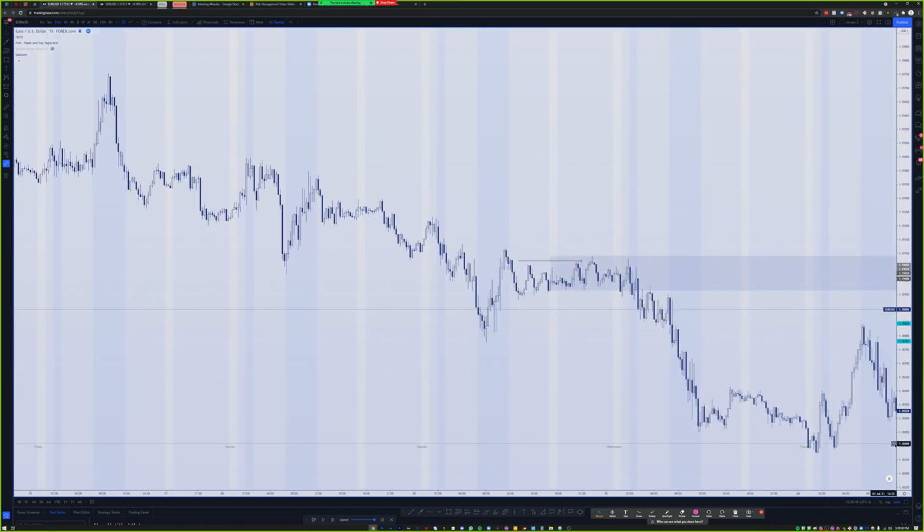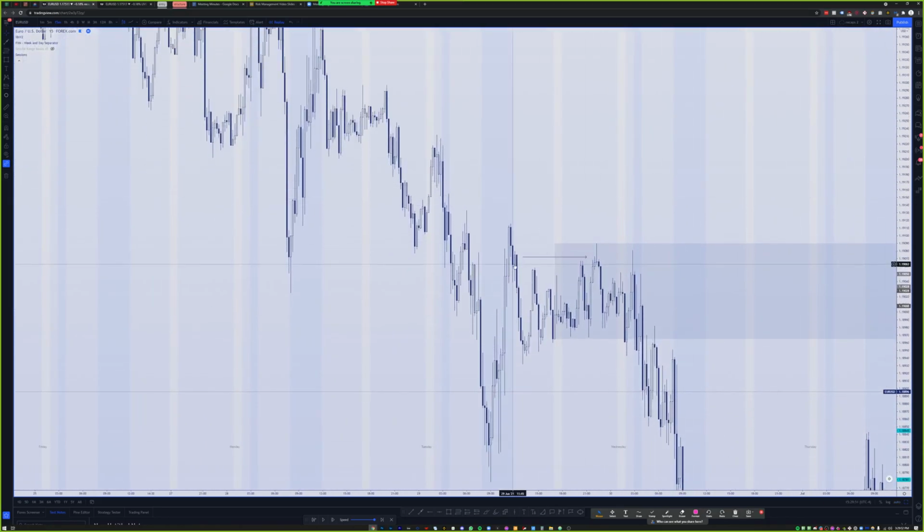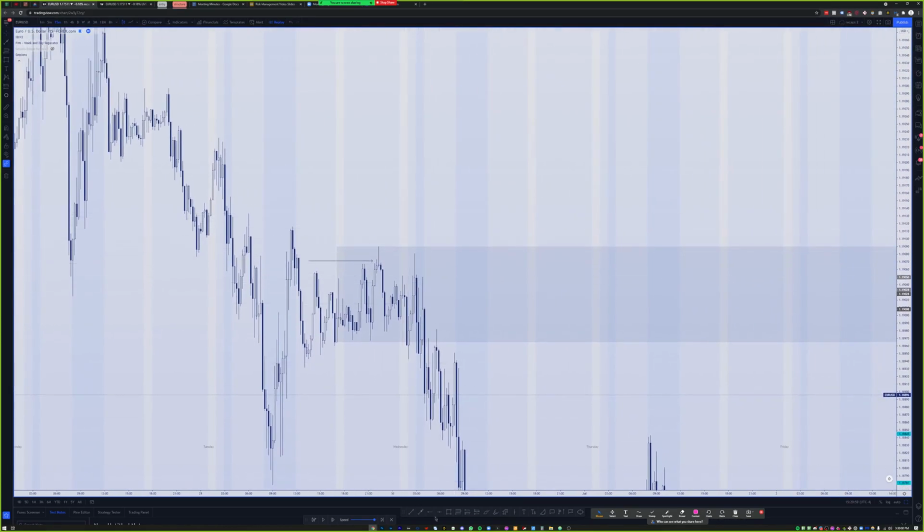You guys see how we swept liquidity here? That's a confluence for me, the fact that we did that. Even though it's minor liquidity, we swept, pushed down, we tapped, mitigated into this, right? I'm willing to bet that we also tapped either into this wick or this one. I can't remember. Let me extend this.